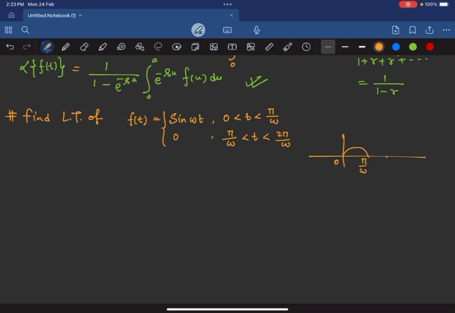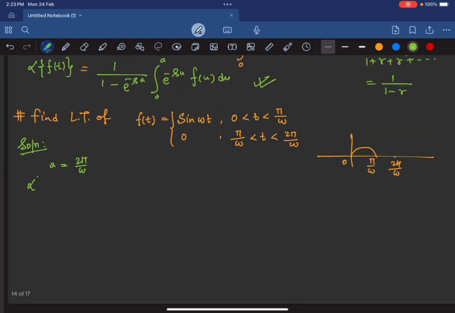Again it will repeat itself after 2 pi by omega, so again you have that same function. So that means, see the solution: the period is 2 pi by omega. Clearly this is a periodic function.